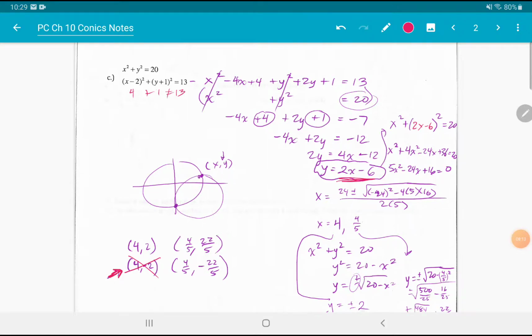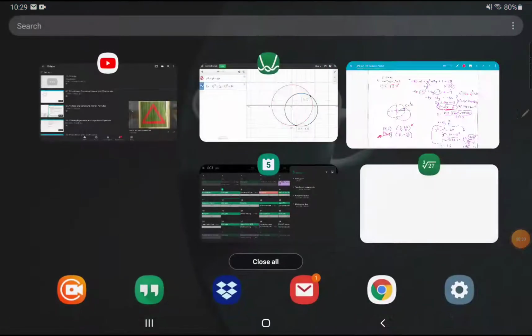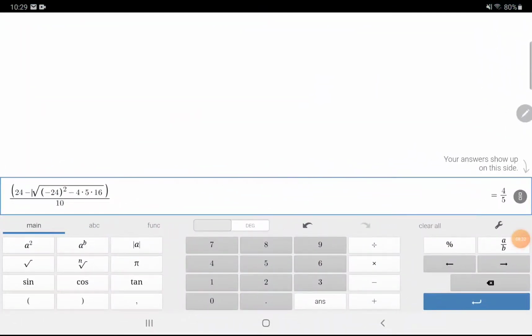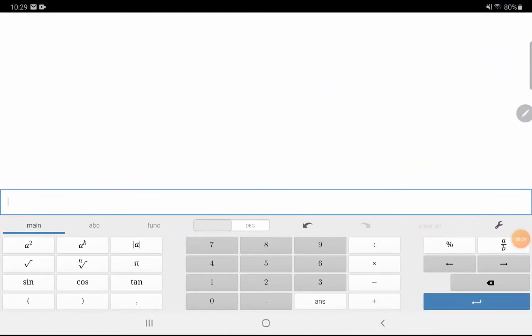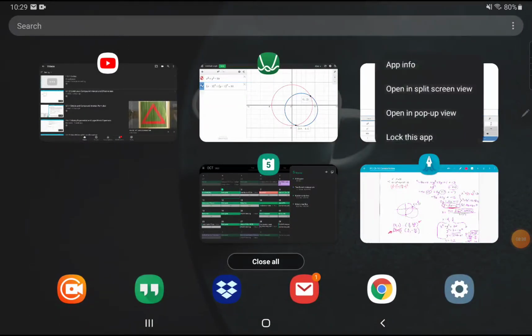Okay, let's try it again. This time let's try this one here: 4/5 and 22 over 5. So if we do 4/5 minus 2 squared and 22 over 5 plus 1 squared, let's see if we get a value of 13. I'm just going to use my calculator here. I should probably do this in split screen view so I can see.